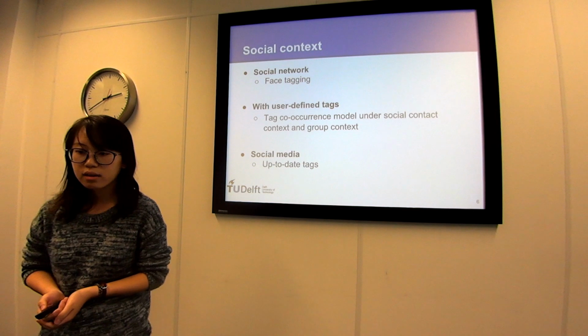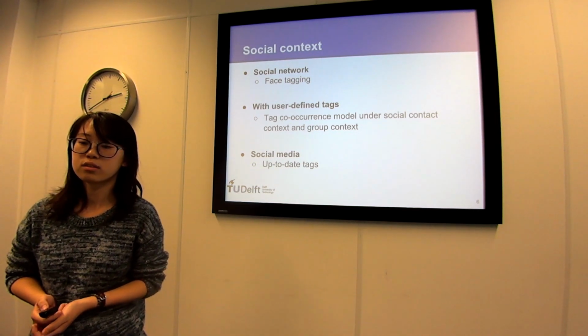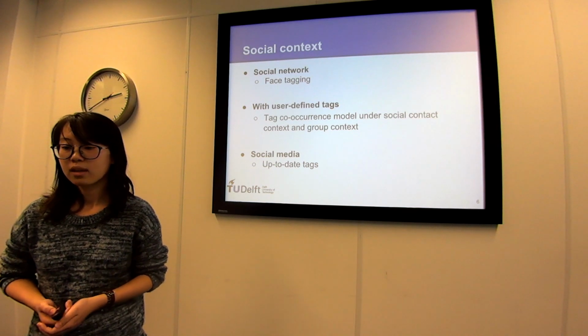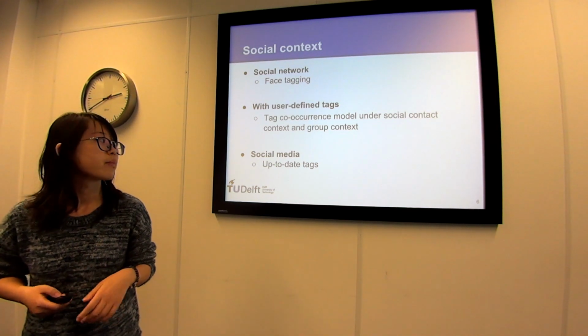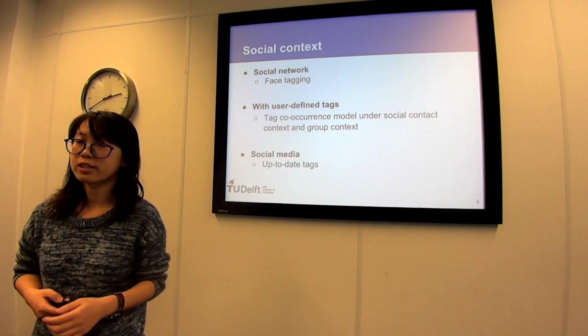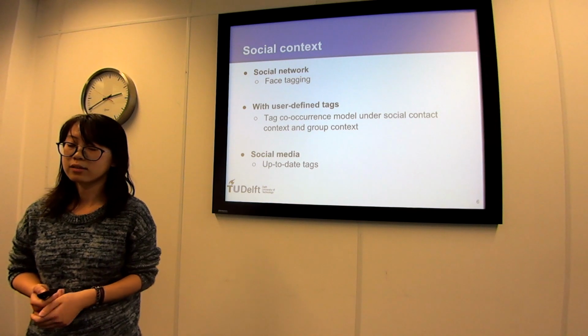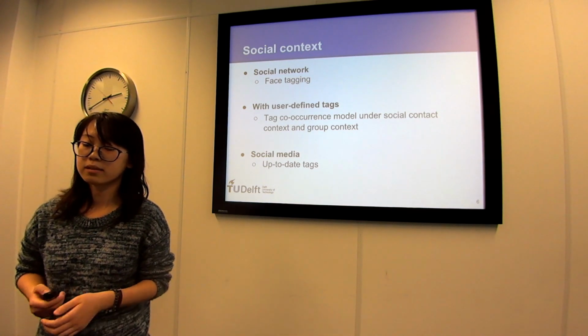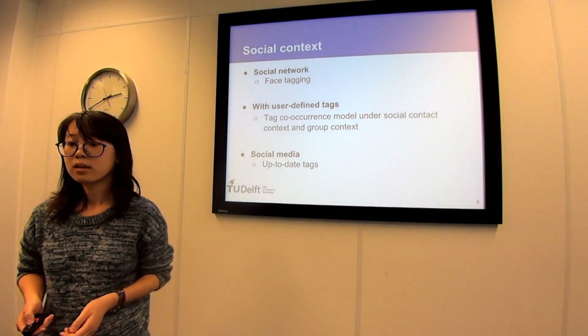Some recent works study social media. They think that social media can help with tag recommendation, because traditional tag recommendation is always out of date. It cannot recommend tags related to real-time events.